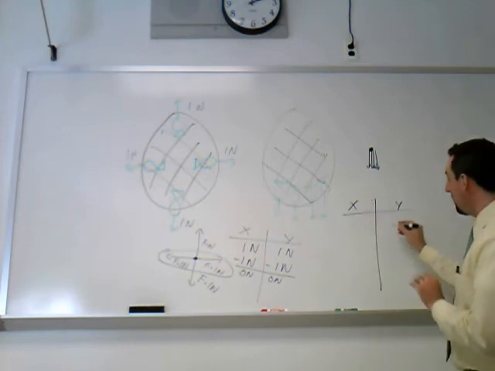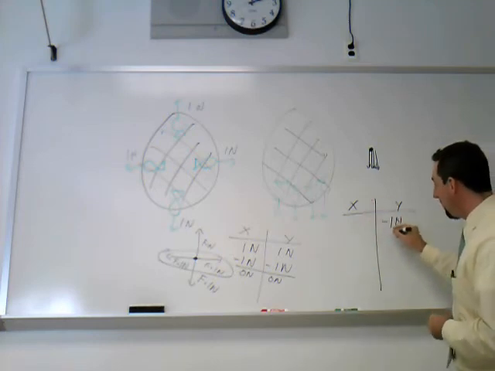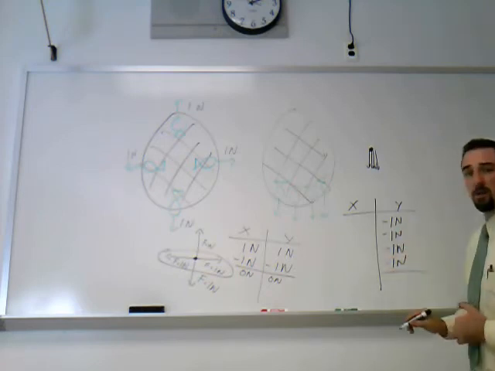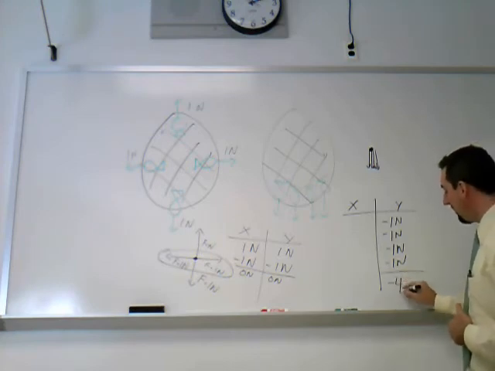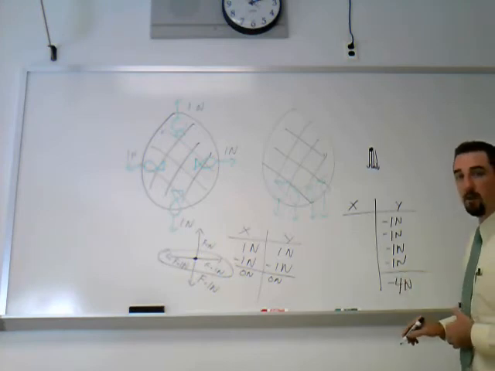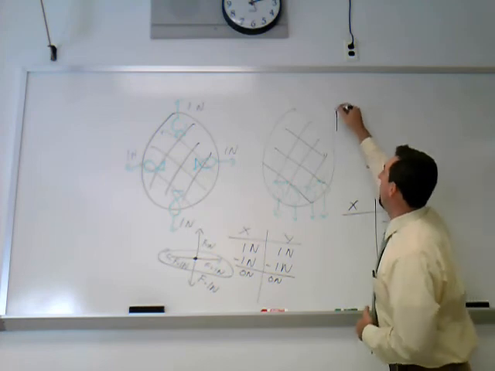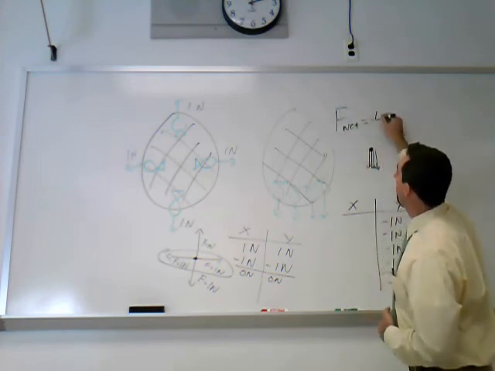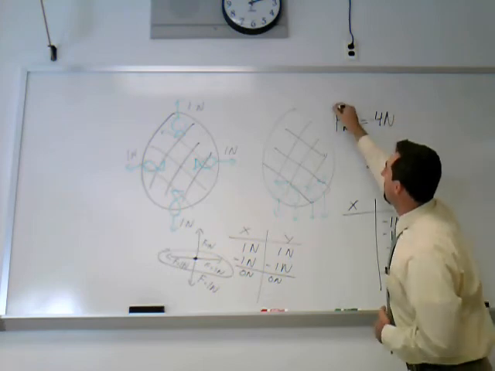So I have 4 negative 1 Newton forces in my y direction. So in total, I have a negative 4 Newton force. My net force, F net, is -4 newtons.